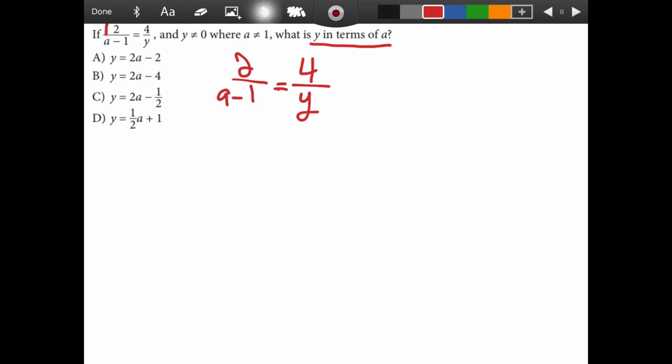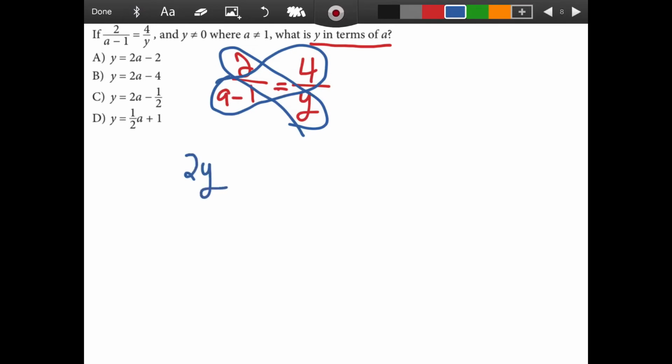So right away, I want to be very comfortable being able to cross multiply. So I like to physically draw it so I really know what two things I am multiplying together. So I have 2 times y equals 4 times a minus 1.